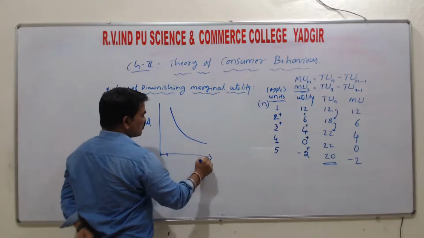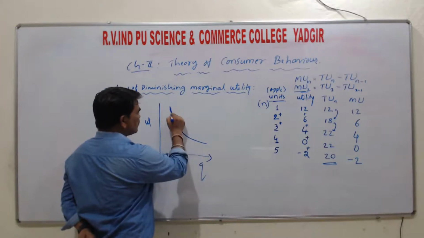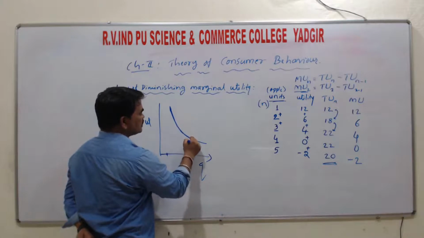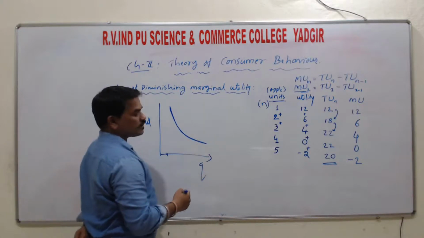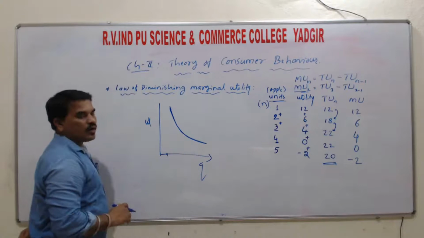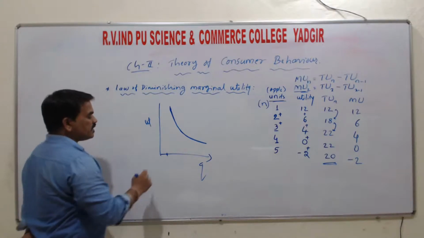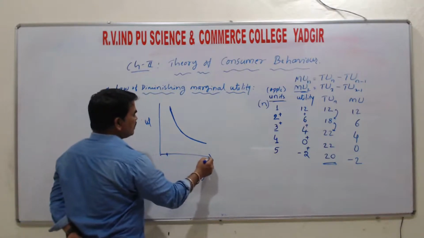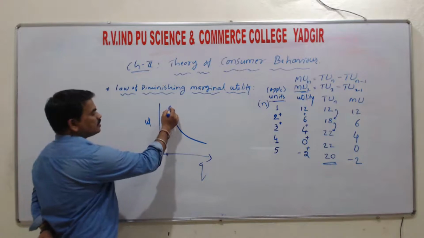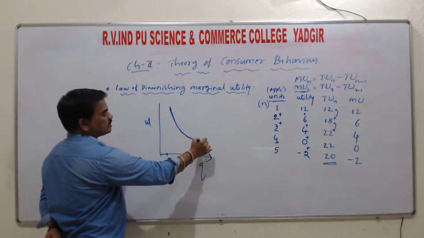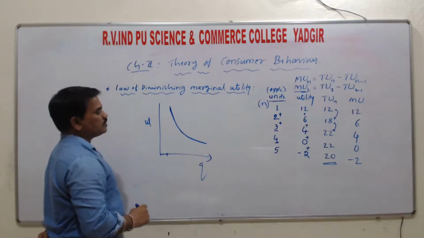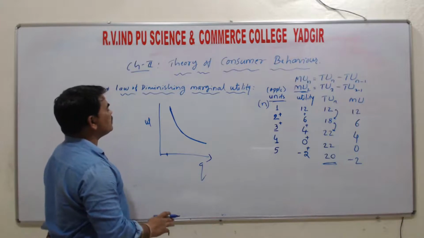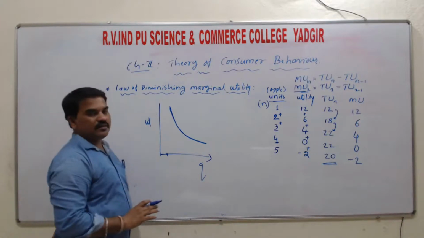When we increase the quantity, the utility starts diminishing, decreasing. So that is what the law is all about. When there is an increase in the quantity, the utility starts decreasing. That we call the law of diminishing marginal utility.